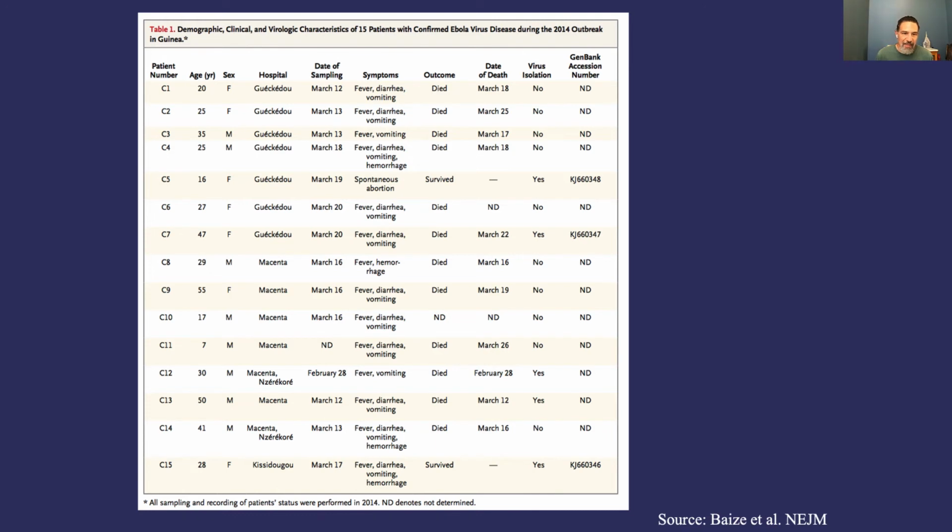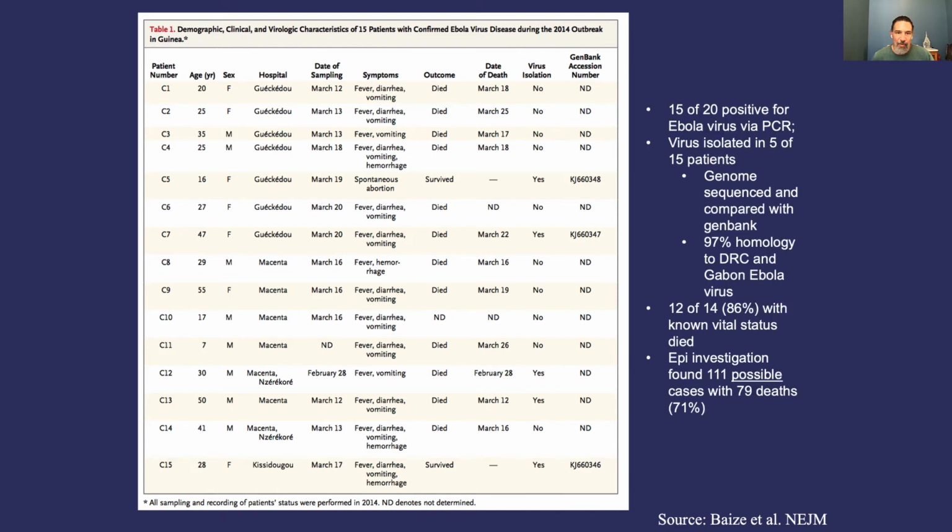This is showing the initial case series from the 2014 outbreak in Guinea, just showing the patients and their ages and which hospital they went to, what symptoms they had, their outcome, and then summarizing some of this information.